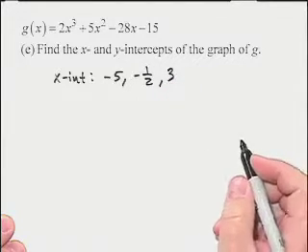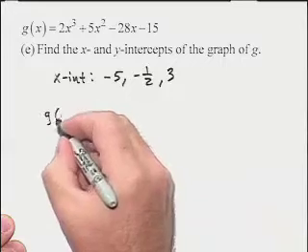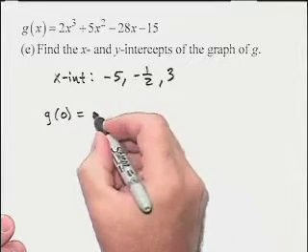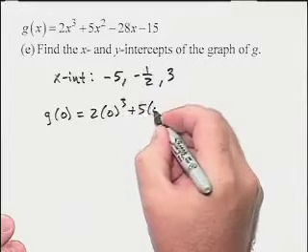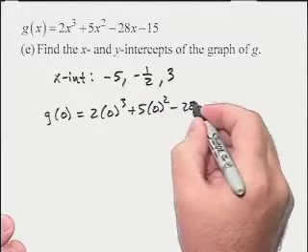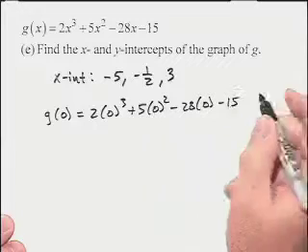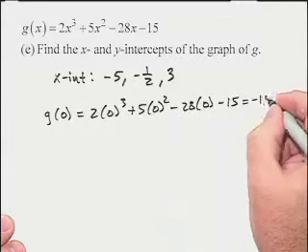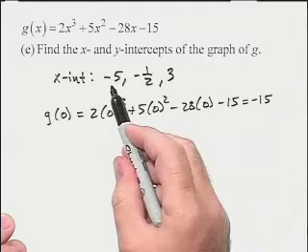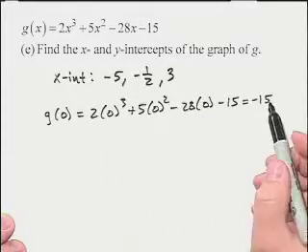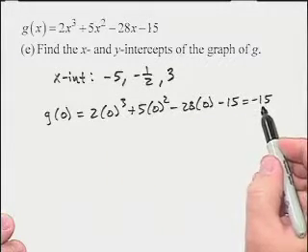To find the y-intercept, we need to evaluate g of 0. g of 0 is 2 times 0 cubed plus 5 times 0 squared minus 28 times 0 minus 15, which is just negative 15. So our x-intercepts are negative 5, negative 1/2, 3. Now our y-intercept is negative 15.